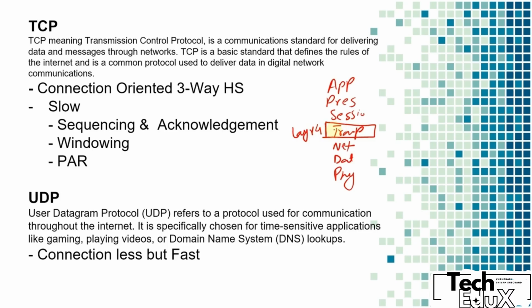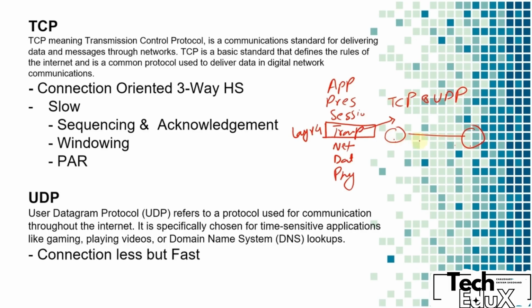So what is your guess or your knowledge about at what layer TCP and UDP work? The answer is the transport layer, which is layer number 4.